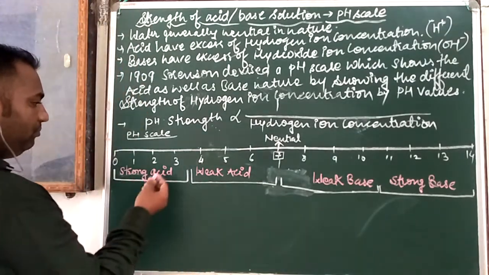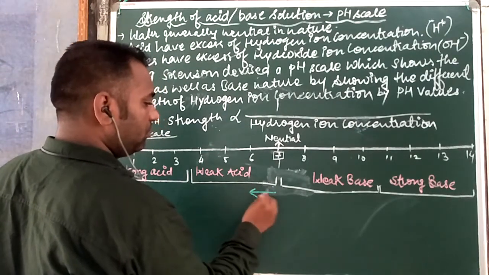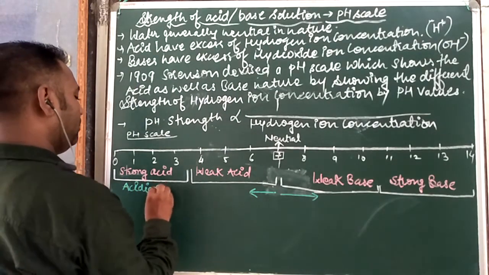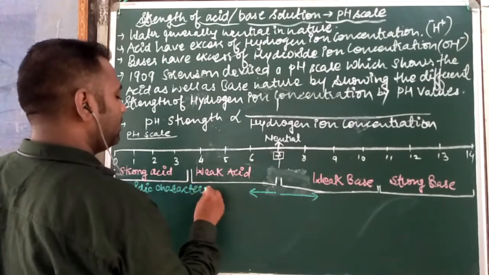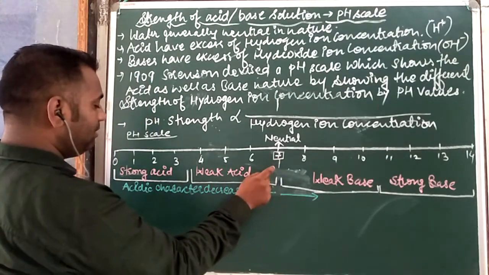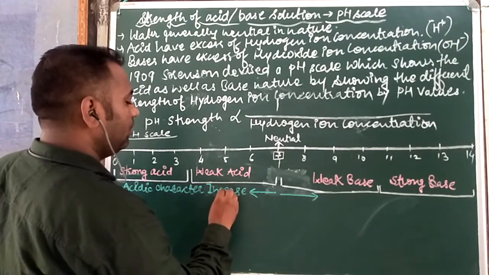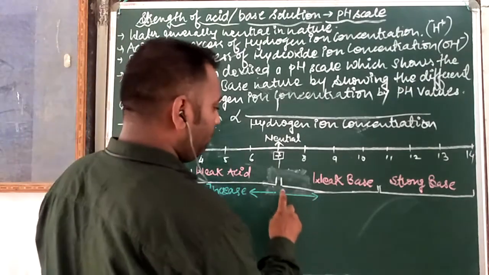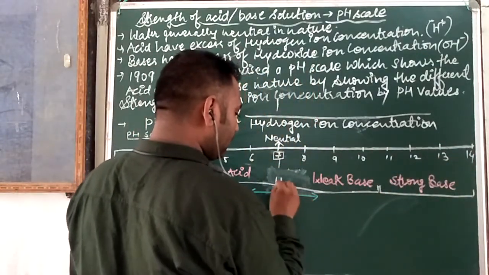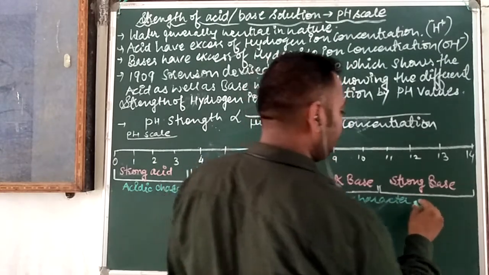When you look from the neutral value, acidic character increases when going from 7 to 1, and from 7 to 14, basic character increases.